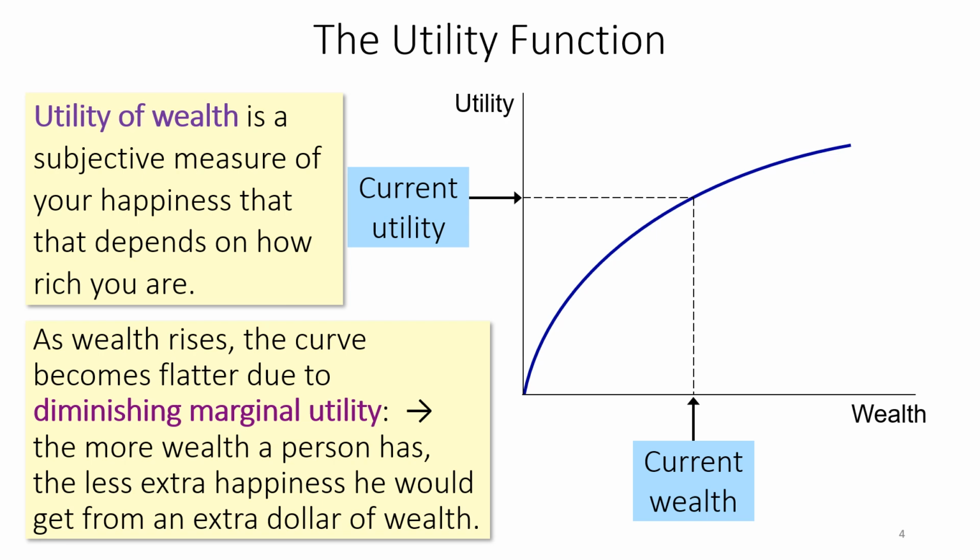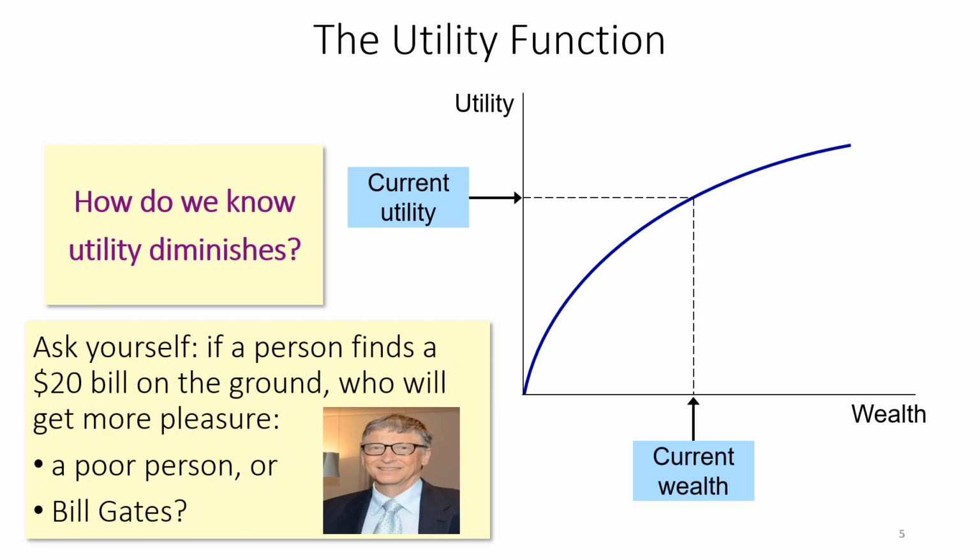So in this case, this is another example of diminishing marginal utility, and it describes the following. The more wealth a person has, the less extra happiness, marginal utility, he would get from an extra dollar of wealth. So how do we know that utility diminishes? Again, same curve, sloping, beginning very steeply and then begins to decline.